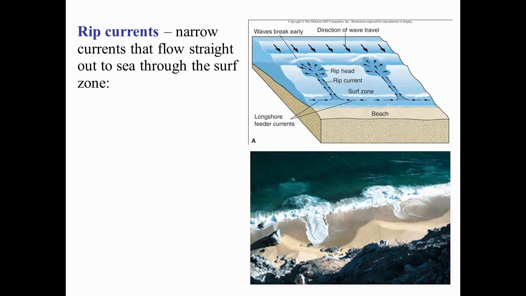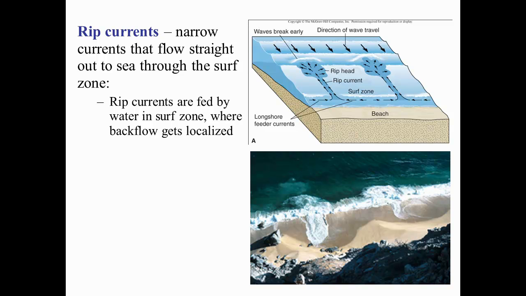What happens, rip currents by definition are simply narrow currents that flow straight out to sea along the surf zone. And they're fed by mainly water within the surf zone where the backflow is the water that's flowing back out into sea.